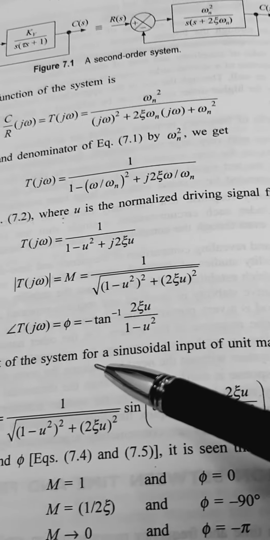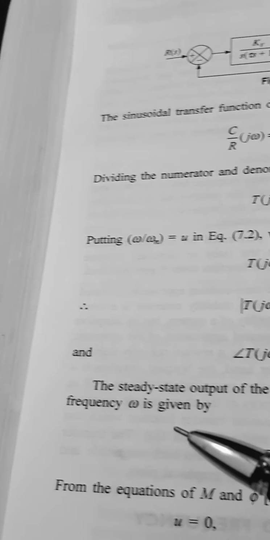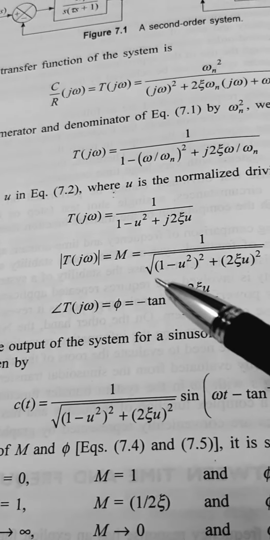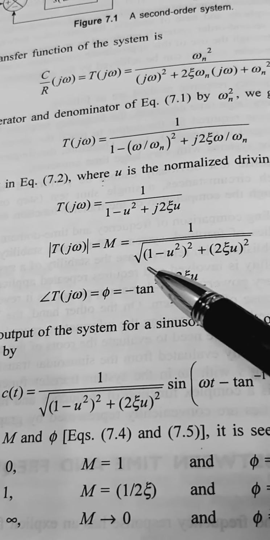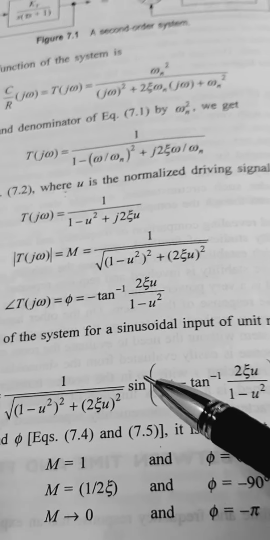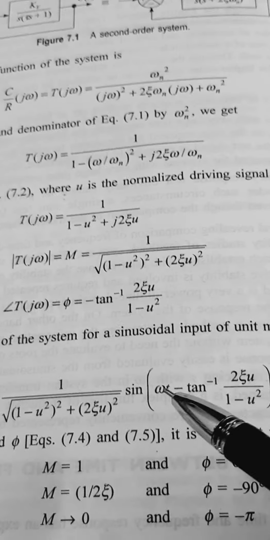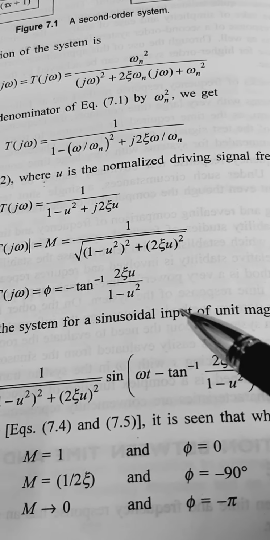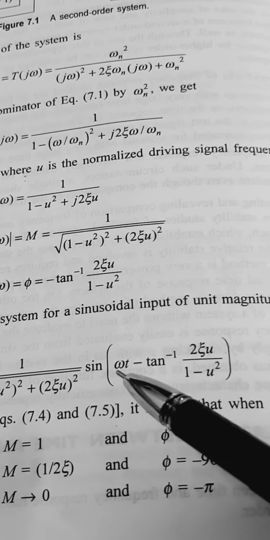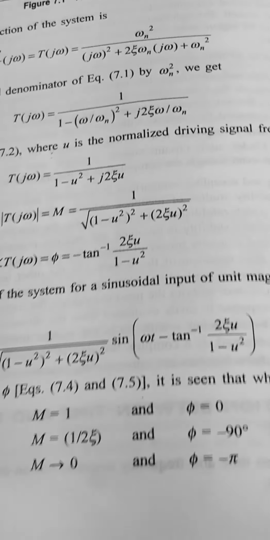The steady state output for a sinusoidal input of unit magnitude and variable frequency omega is given by c of t equals 1 divided by the square root of (1 minus u square) whole square plus (2 psi u) whole square, times sine of omega t minus tan inverse of 2 psi u divided by 1 minus u square.